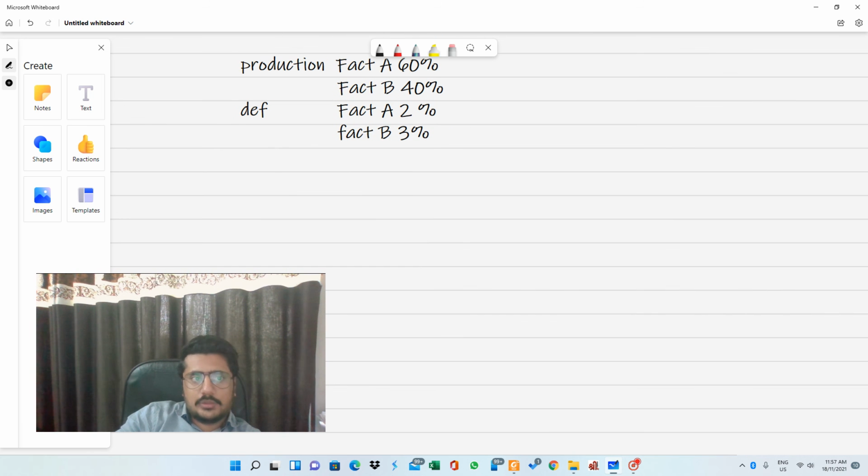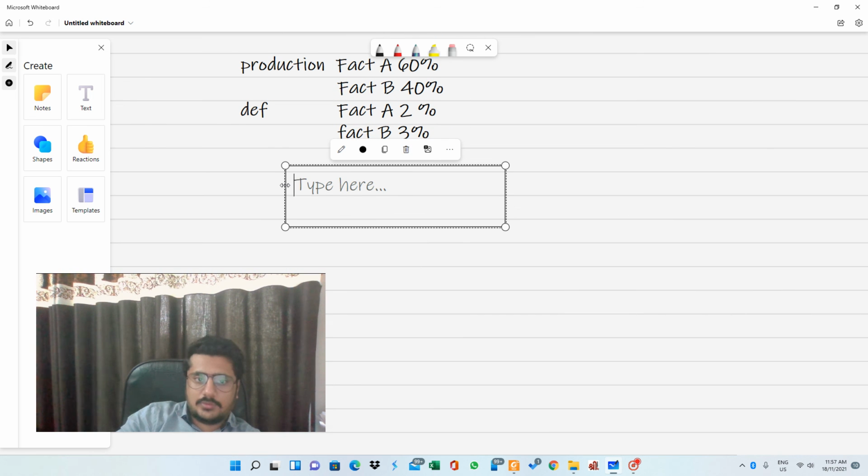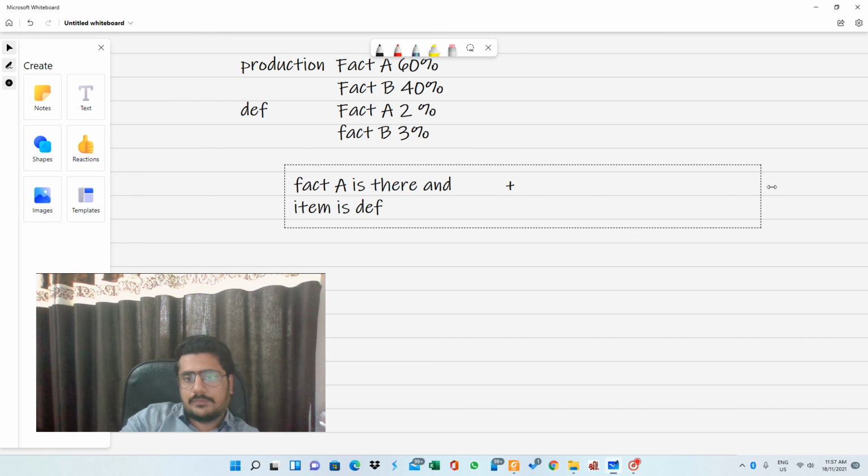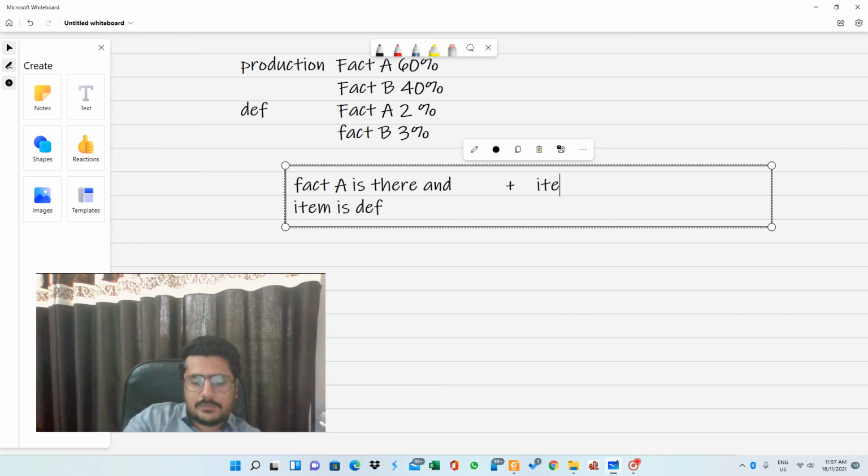As I told you, you are selecting only one factory. So there are two possibilities. Factory A is there and the item is defective, or the item is of factory B and is defective.